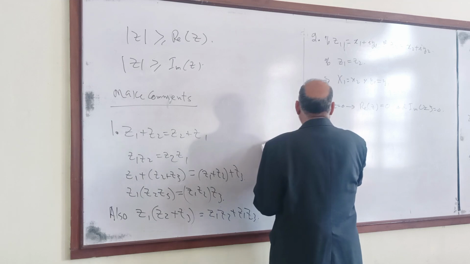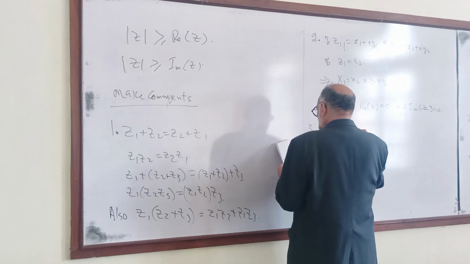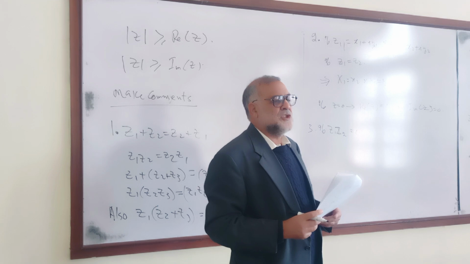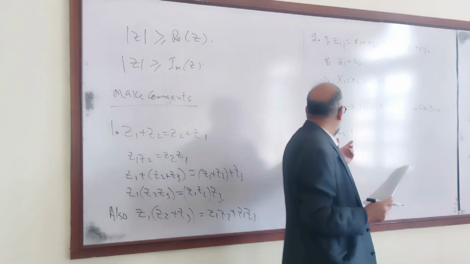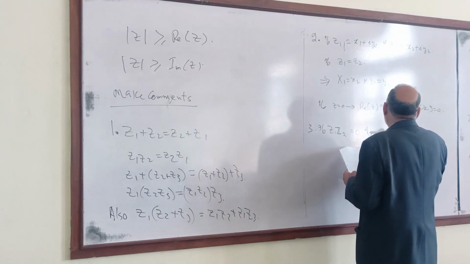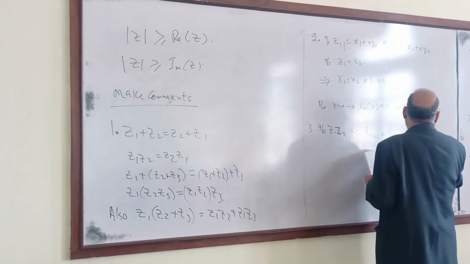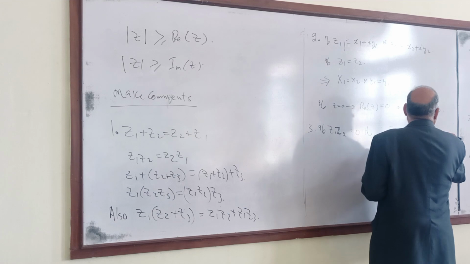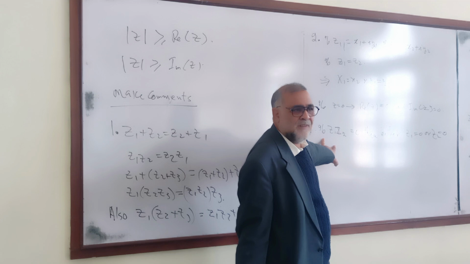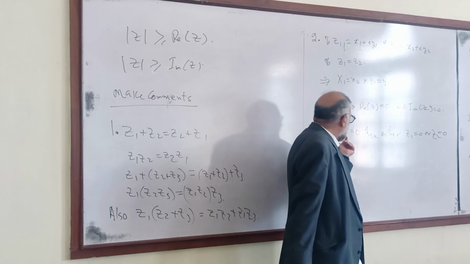Property number 3. If the product Z1 Z2 is equal to 0, then either Z1 equals 0 or Z2 equals 0.